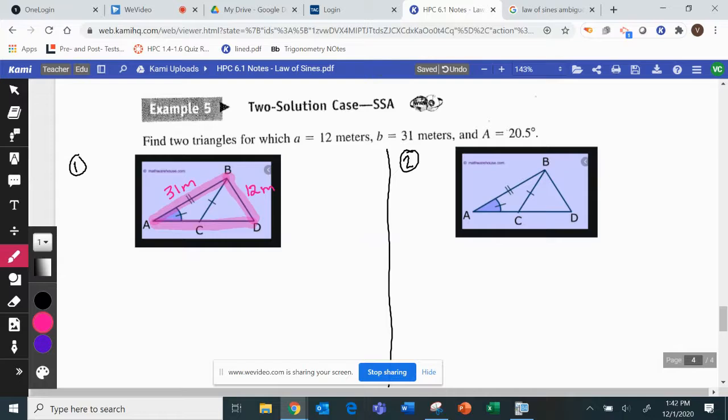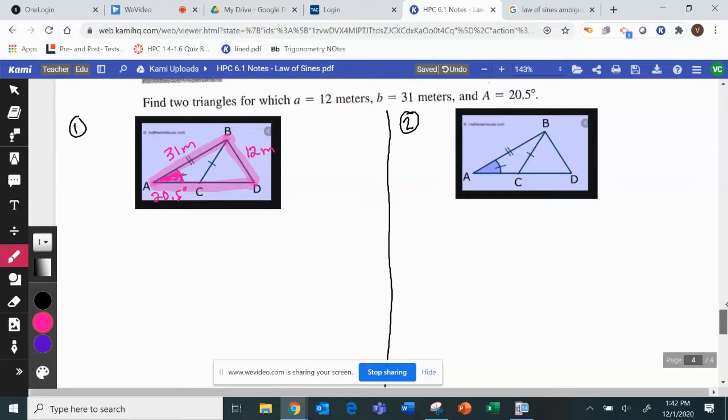It's actually D in the picture. So it's not really telling you the angle letter. It's telling you that those are the two sides, and then the angle, it does happen to also be angle A in the picture, but it's the one that's across from side a. So 20.5 degrees. Okay. So we're just going to solve number one.